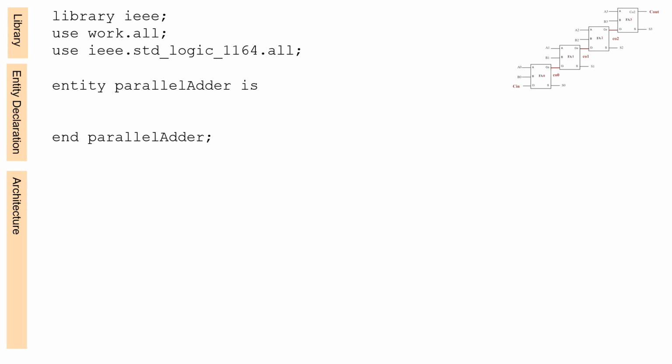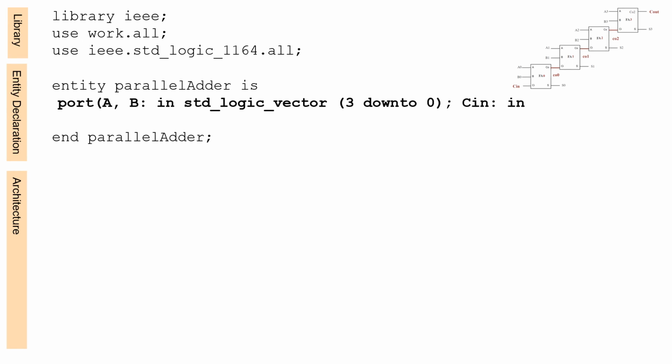We said we'll need to declare the ports, the input and the output ports in the entity part. So we'll say port A, B as a vector consisting of 4 bits. So we'll say port A, B in standard logic vector 3 down to 0 because we have 4 bits.